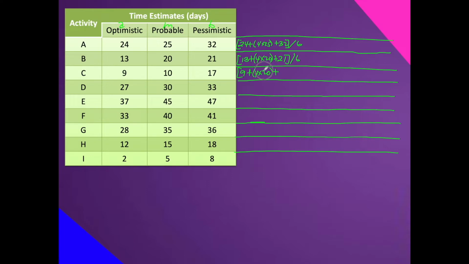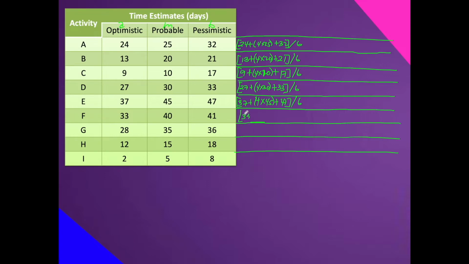Sorry, this is 10 plus 4 times 10 plus 17, divided by 6. Is our formula correct? Okay, it is correct, so proceed. We have 27 plus 4 times 30 plus 33, divided by 6. The 4 and the 6 are constant. Then 37 plus 4 times 45 plus 47, divided by 6.